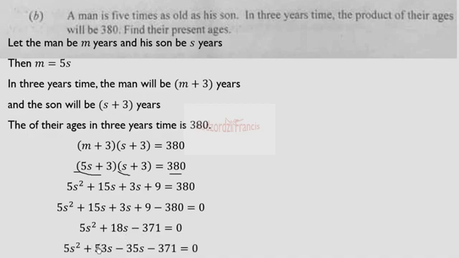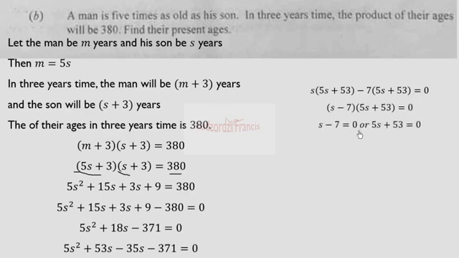So when we factor, we get S minus 7 into 5S plus 53 is equal to 0. We factor further and we realize that one of the numbers is going to be negative, so we discard this one. So the son is 7 years, hence the man will be 5 times 7, which is 35 years.